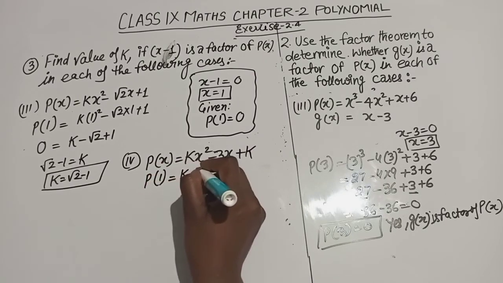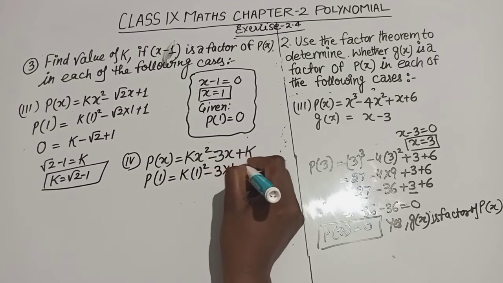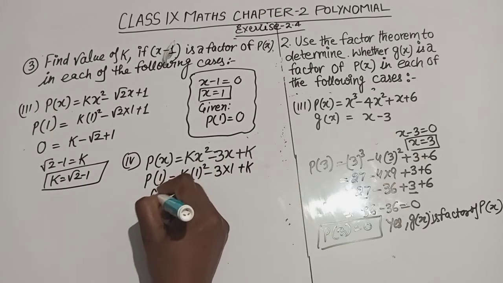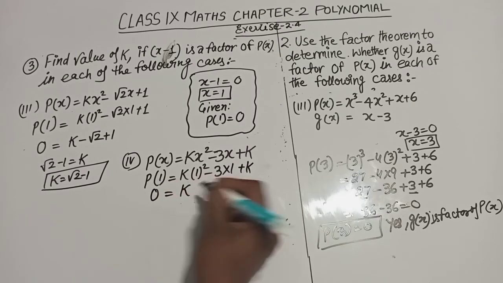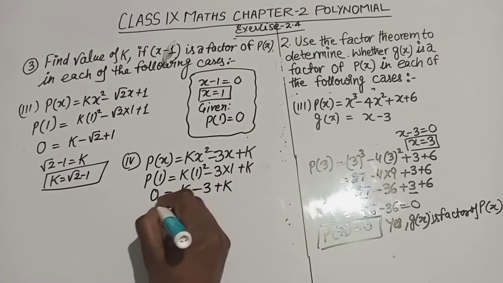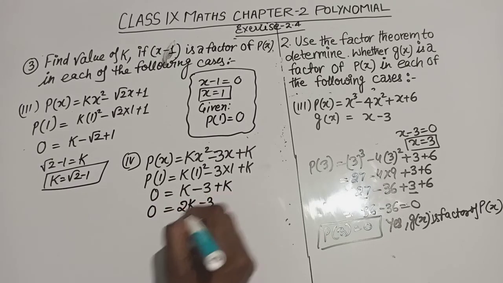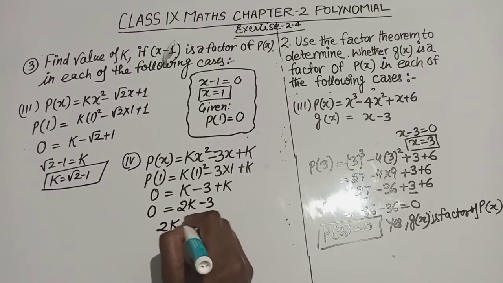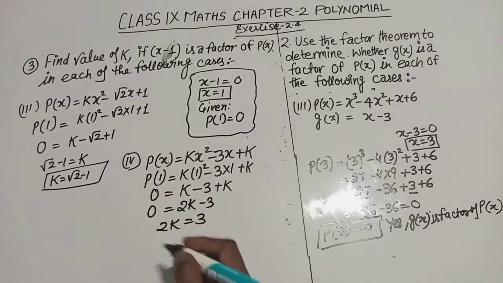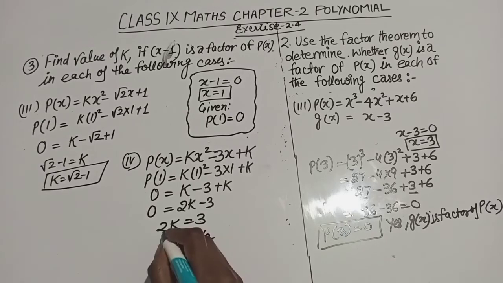So k into 1 squared minus 3 into 1 plus k. This becomes 0. k into 1 squared is k, minus 3 into 1 is 3, and this is k. So 0 equals k plus k is 2k minus 3. So 2k is equal to 3. The 3 goes to this side. So k is equal to 3 by 2.